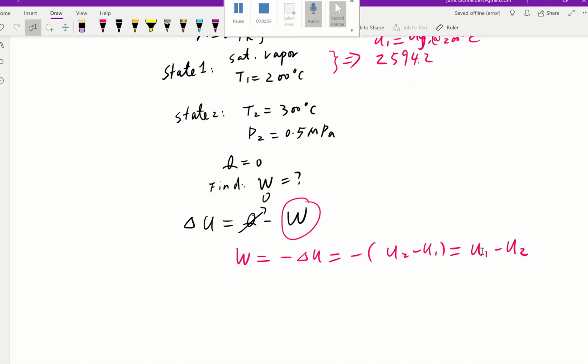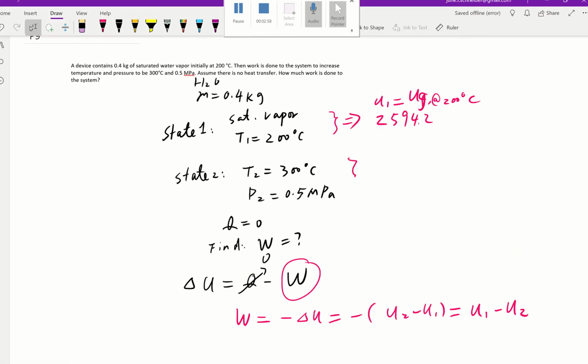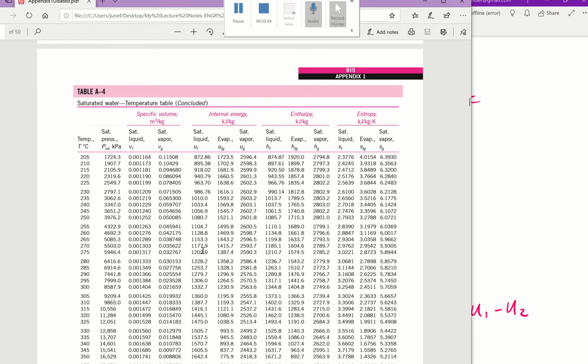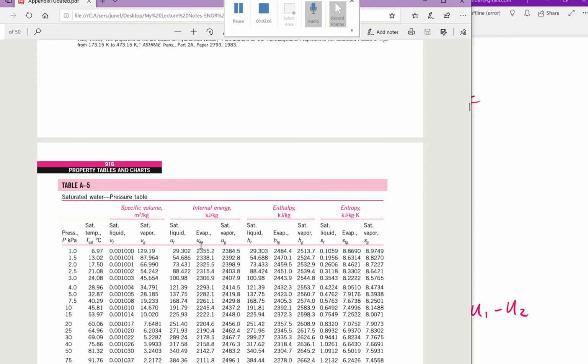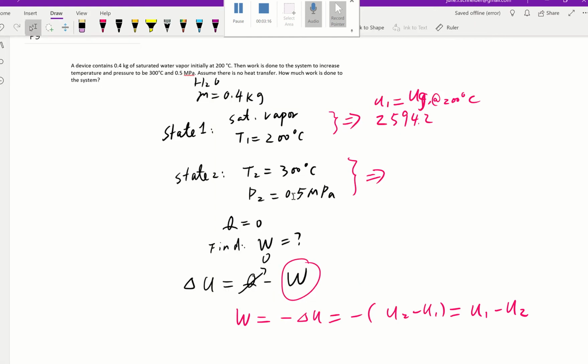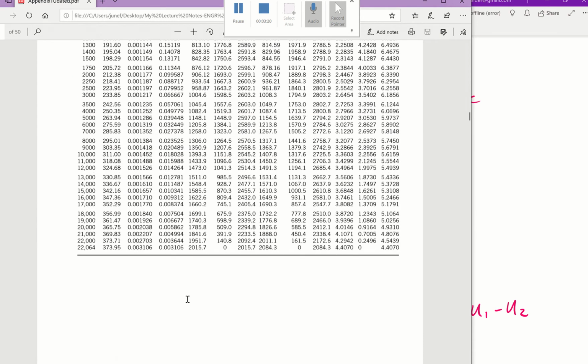Now we look for U2. U2 is at 300 degrees Celsius and 0.5 megapascal. In table A5, 0.5 megapascal is 500 kilopascal, and the saturation temperature is 151. However, here your temperature is 300, way greater than that, so we know it's superheated.